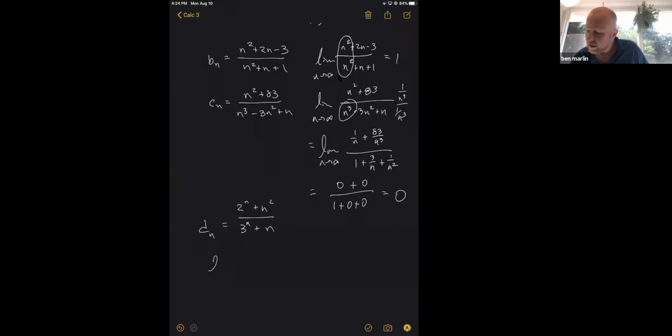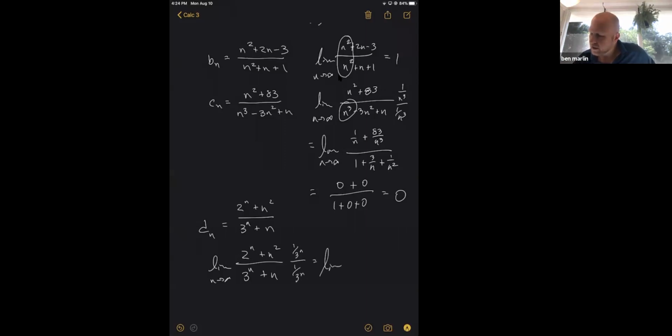And if you're doing the limit on that one and applying that same idea, you know that exponentials grow faster than polynomials. So 2 to the n or 3 to the n is going to be what you have to divide by. 3 to the n, of course, is going to be growing faster than 2 to the n. So I'm going to take 1 over 3 to the n on both the top and the bottom.